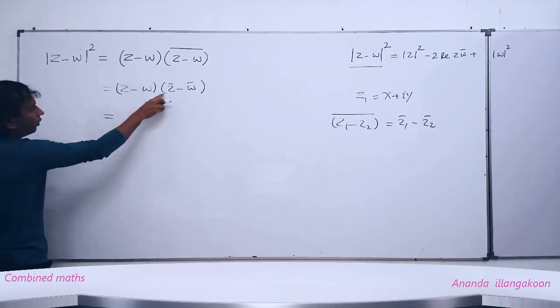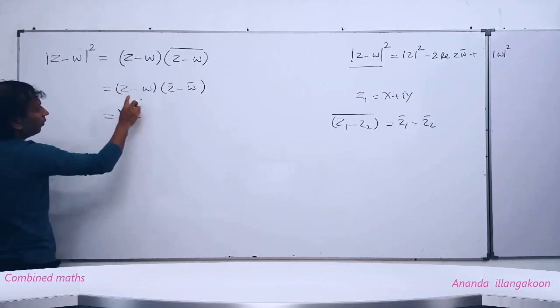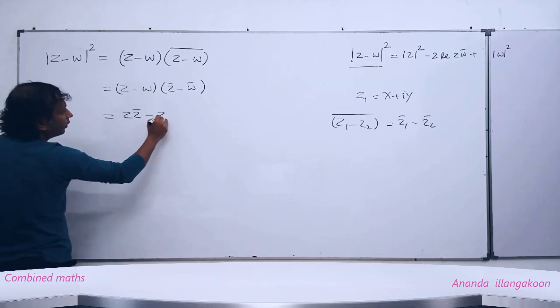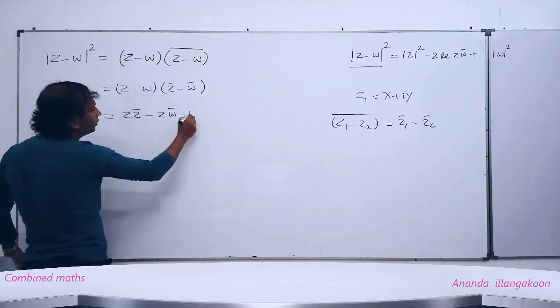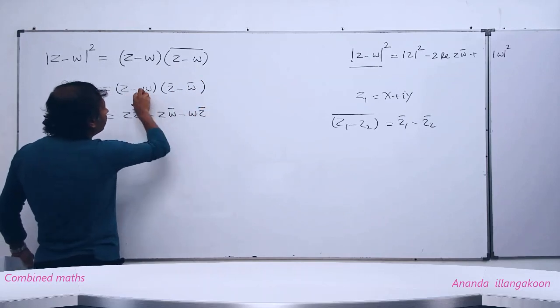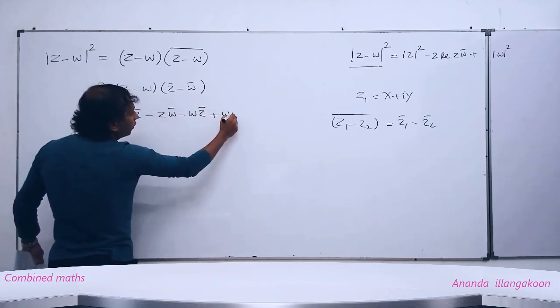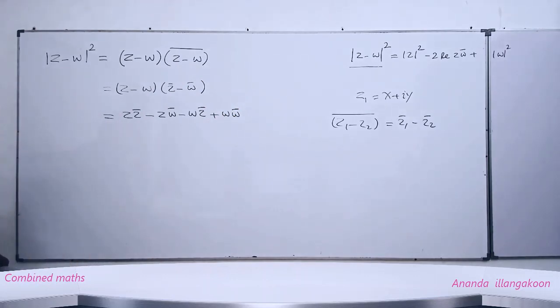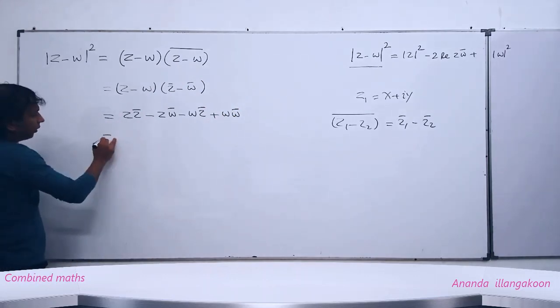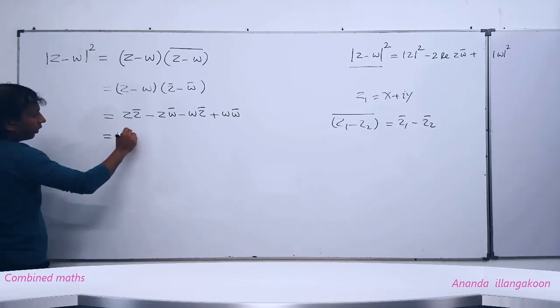Now this and this you can multiply, z z bar; this and this you can multiply, minus z w bar; and here minus w z bar; minus minus plus w w bar. Like this you can write. Okay, z z bar means mod z squared.